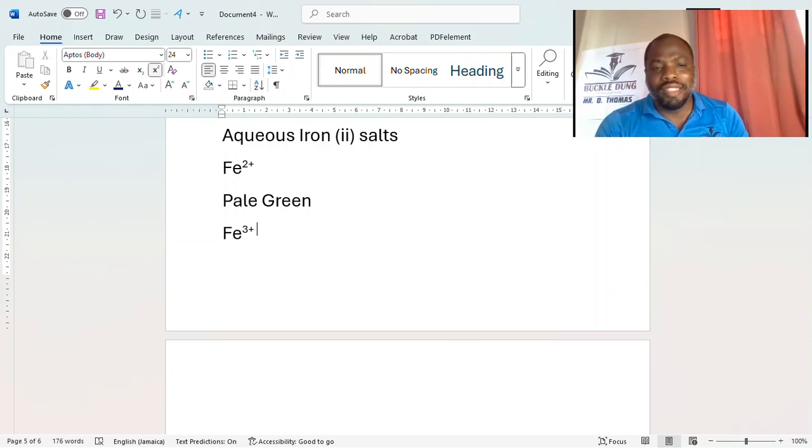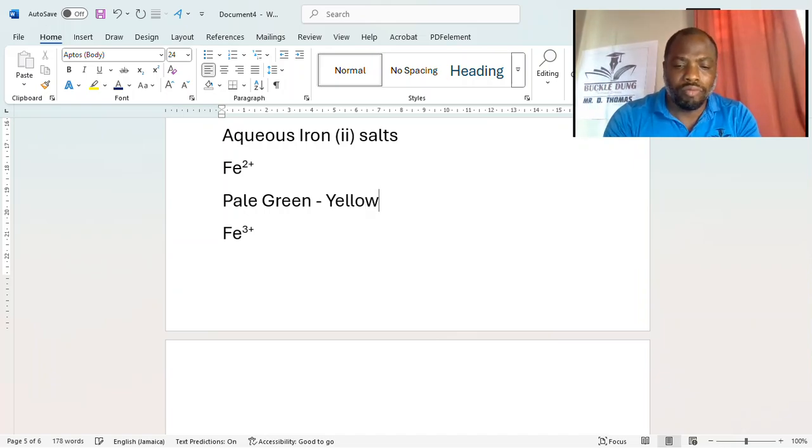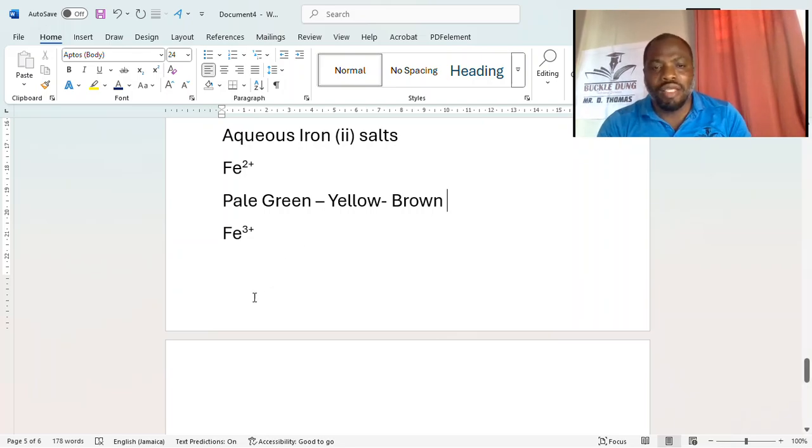So what you find is that the pale green becomes yellowish brown, and that is due to the fact that we are now forming the Fe3+ ion. So the concept is, again, there's an increase in oxidation number.